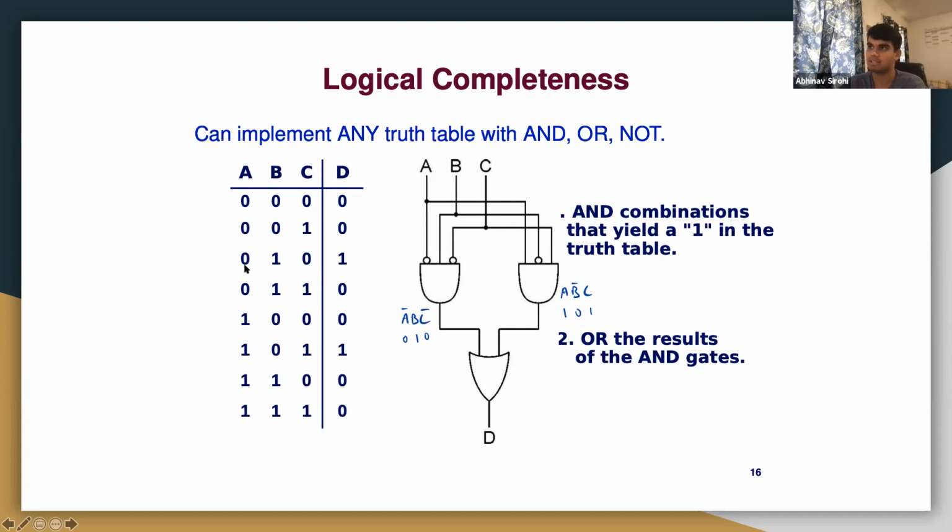So now let's take a look at this truth table. The only times that the output is 1 is in this row and this row. That's when our inputs are 0, 1, 0 and 1, 0, 1. So in the case of 0, 1, 0, we know for an AND gate to return 1, everything needs to be 1, right?